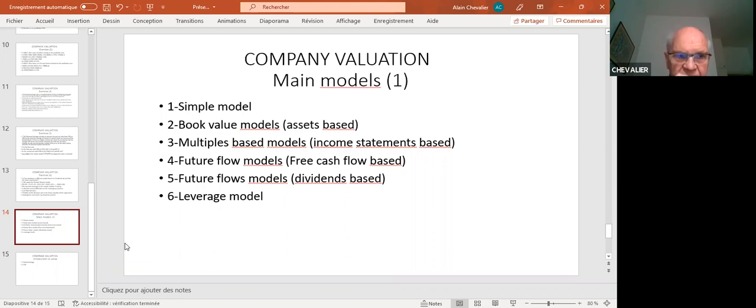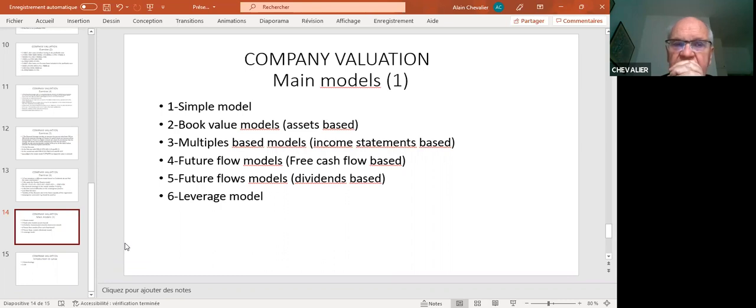So I will go rather quickly through different important points here. I would say two main elements. The first one is the connection between values and price.